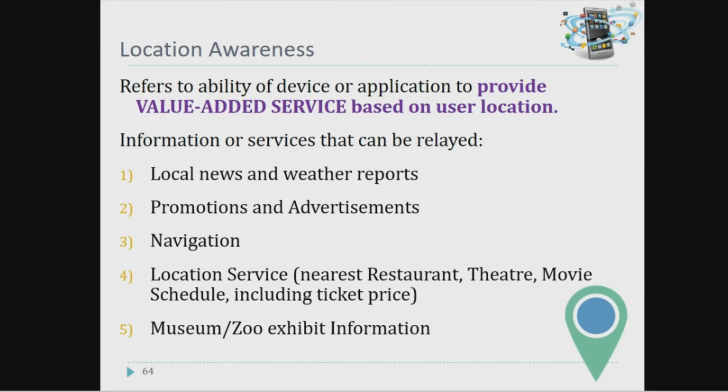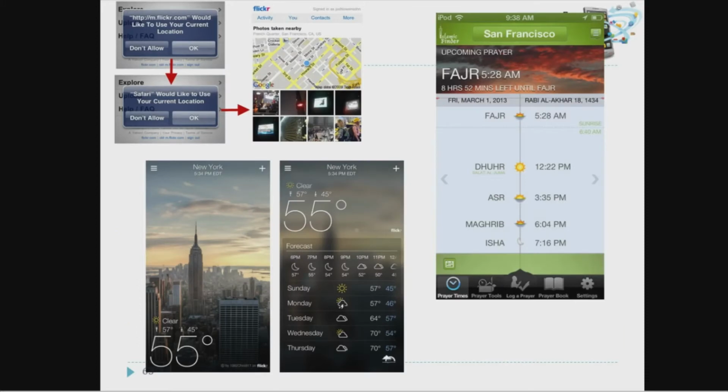Local news, for example, the weather, the promotion, the advertisement, the navigation, location-based services, the nearest restaurant, the nearest petrol station, and exhibition information based on the location. So that is location awareness, the value-added service based on user location. So these are examples of location awareness.